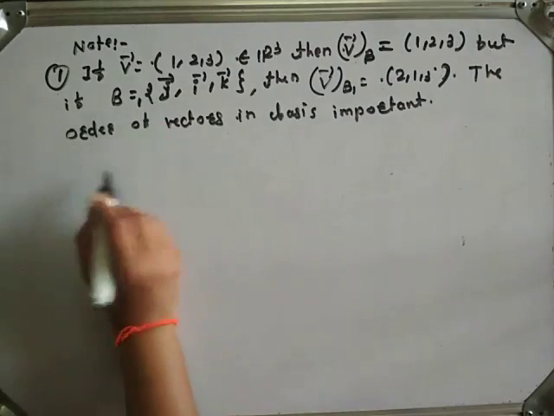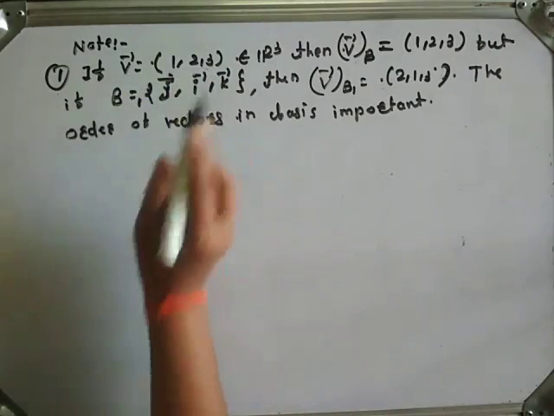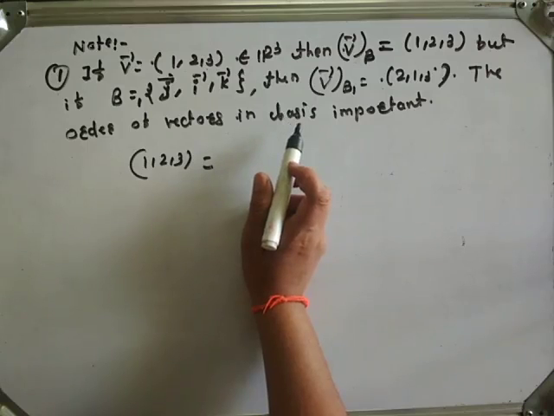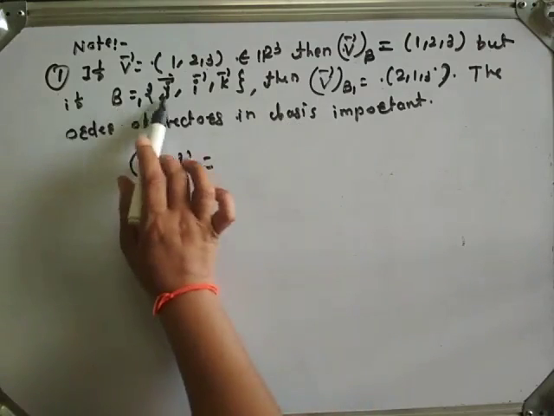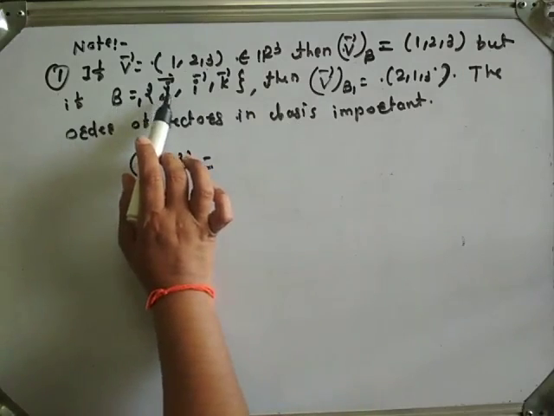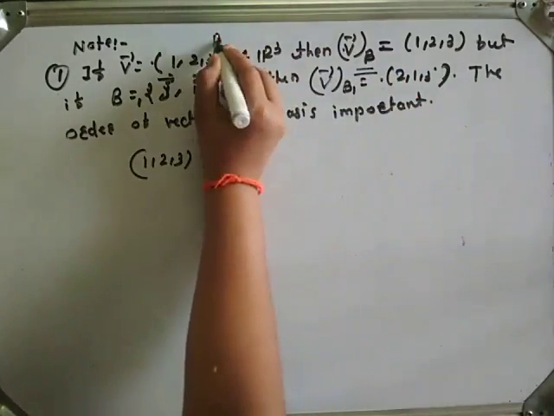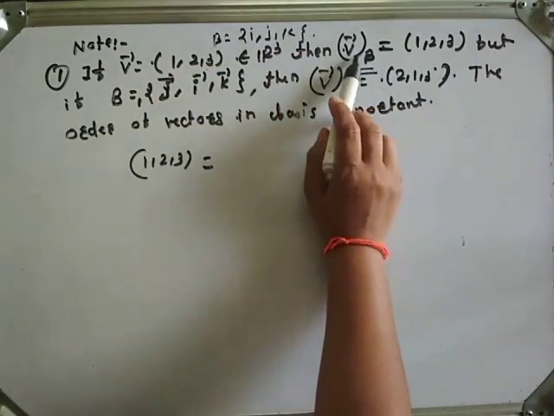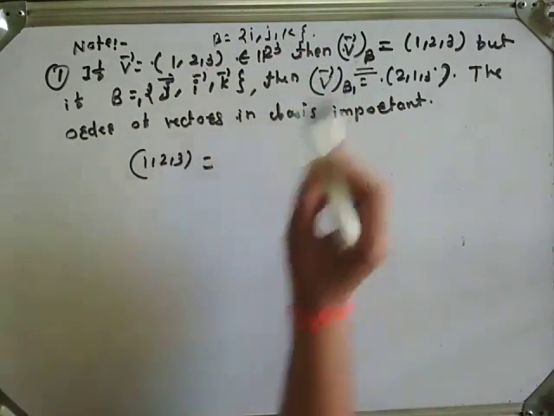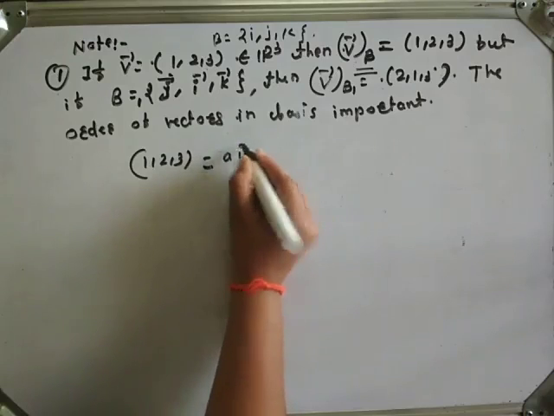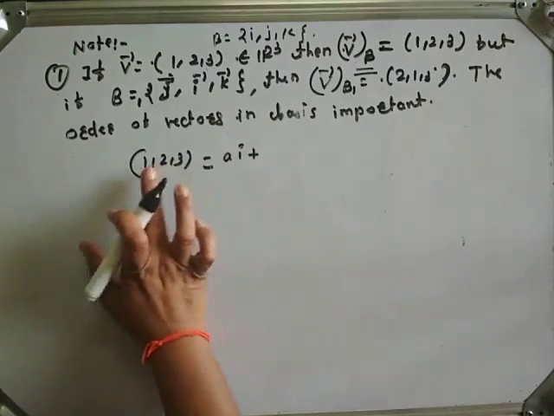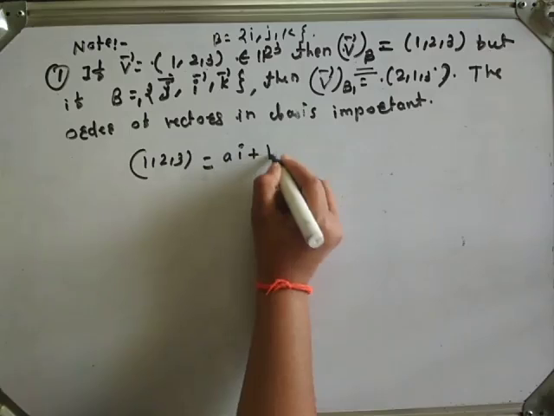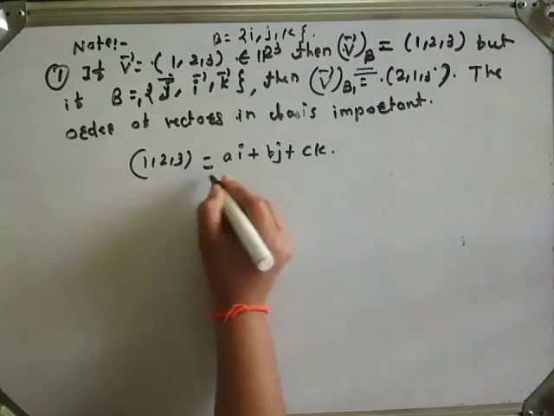So see how this is. If you have V bar equal to (1, 2, 3), we have to find the coordinate vector of V relative to the basis B. Here B is nothing but your standard basis I, J, K. For this, we have to write down this vector (1, 2, 3) as a linear combination of I, J, K: A into I plus B into J plus C into K. Okay.